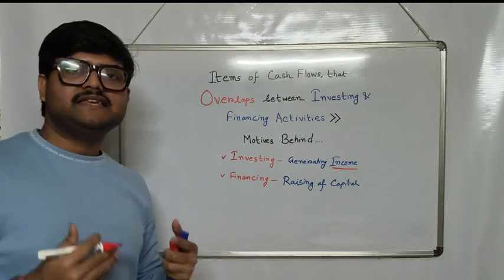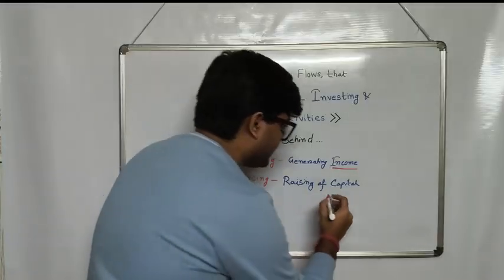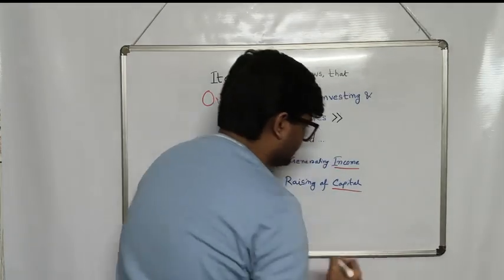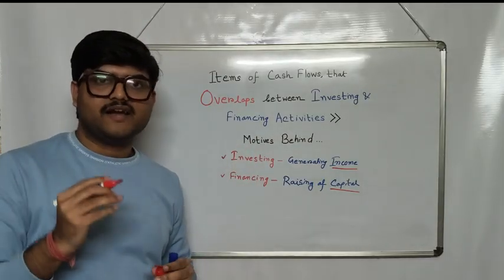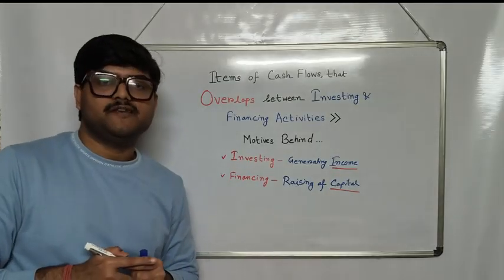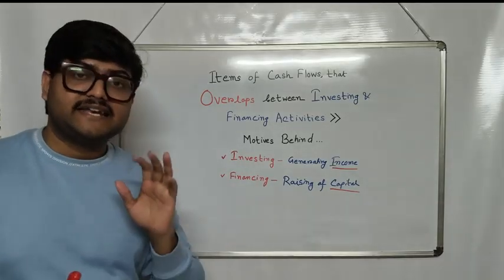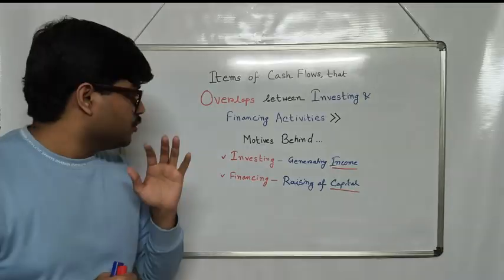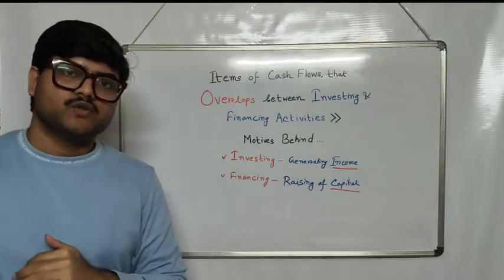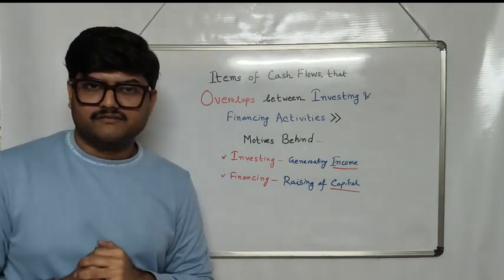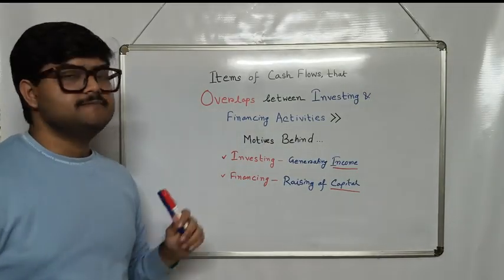But when we are thinking about financing activities, our primary motive is capital raising. So these are the primary motives behind these two activities that we need to keep in mind. So it will help us to understand and identify which item will be considered a part of investing activity and which item will be a part of financing activity. Okay. Now we will talk about the items in detail.